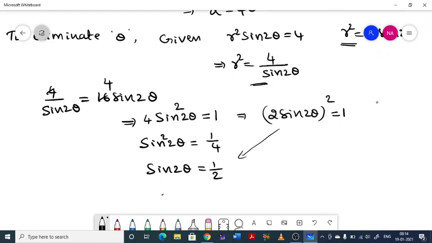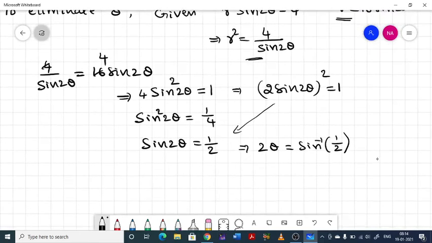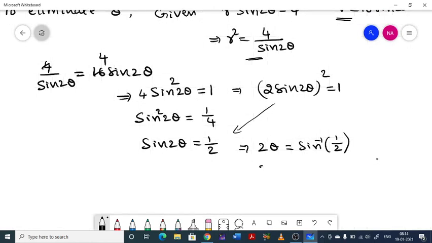So 2 theta equal to sine inverse of 1 by 2. So we get 2 theta equal to pi by 6. Therefore theta equal to pi by 12, right? Yes, pi by 12.